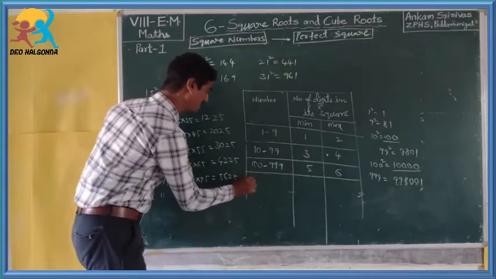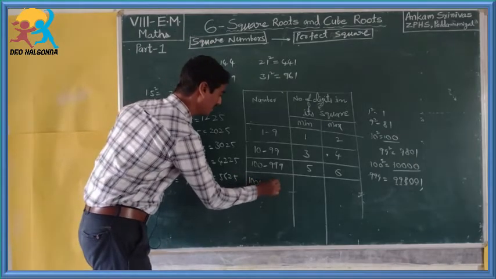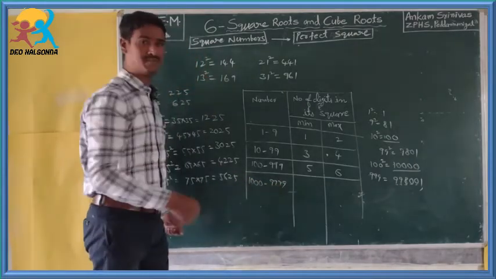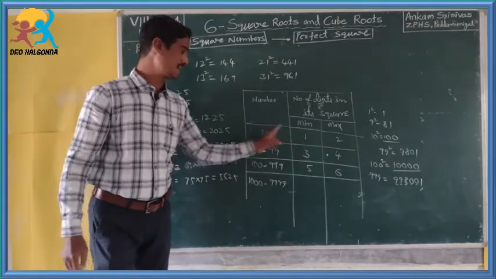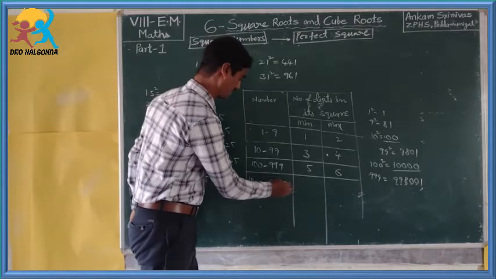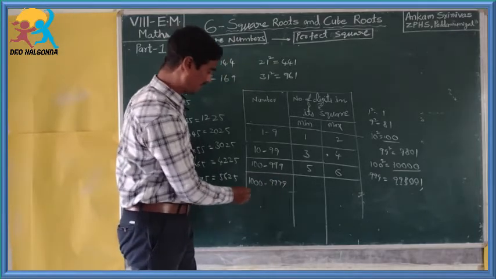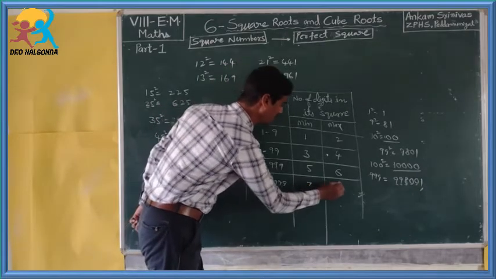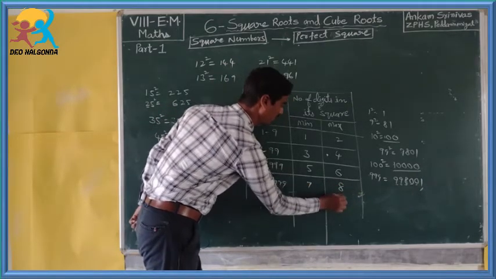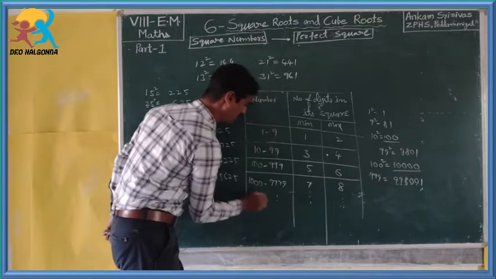Suppose I take some more. Here a 4 digit number. If I square a 4 digit number, the minimum will be 7 and maximum will be 8. If we go on like this, what will we get?